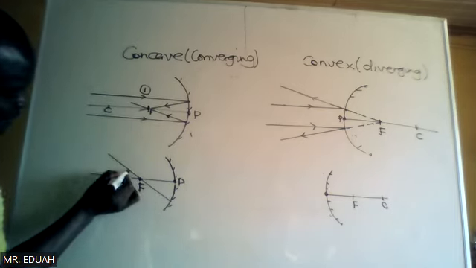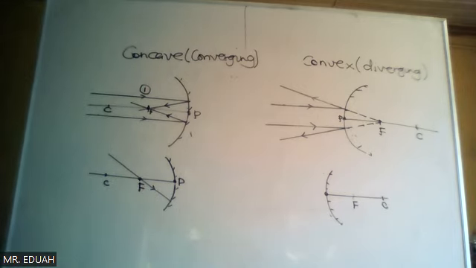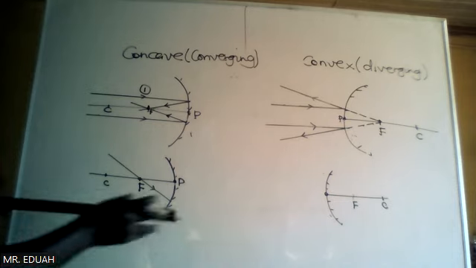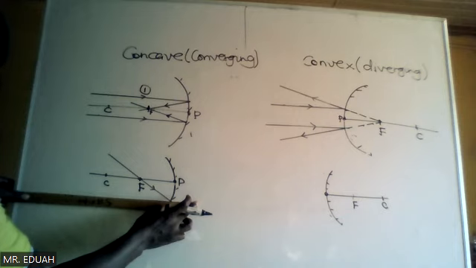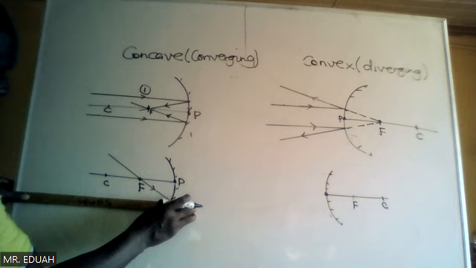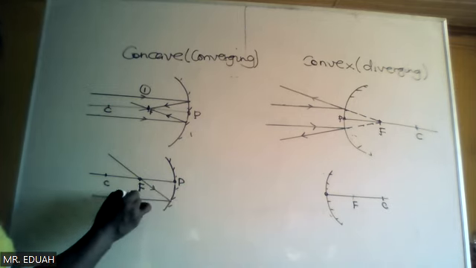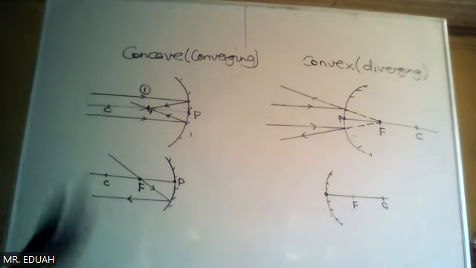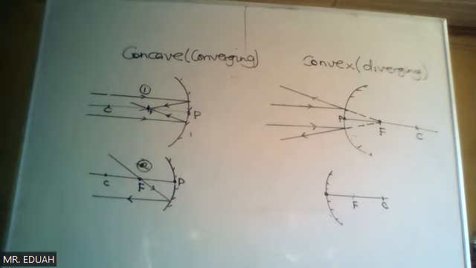If the ray is either from the principal focus or passing through it, after reflection the reflected ray would have to be parallel to the principal axis. The second rule is the reverse form of this one. So this is rule 2, the reverse form of the first one.